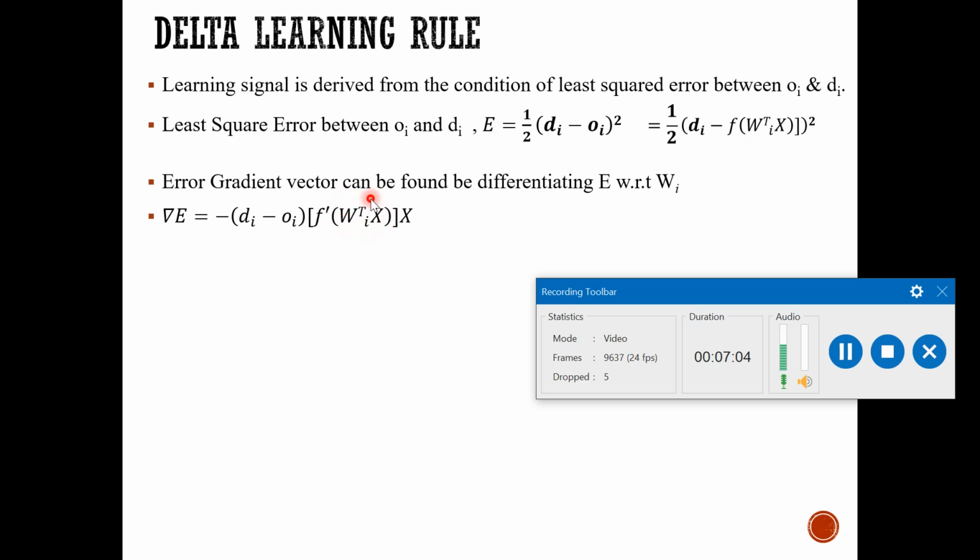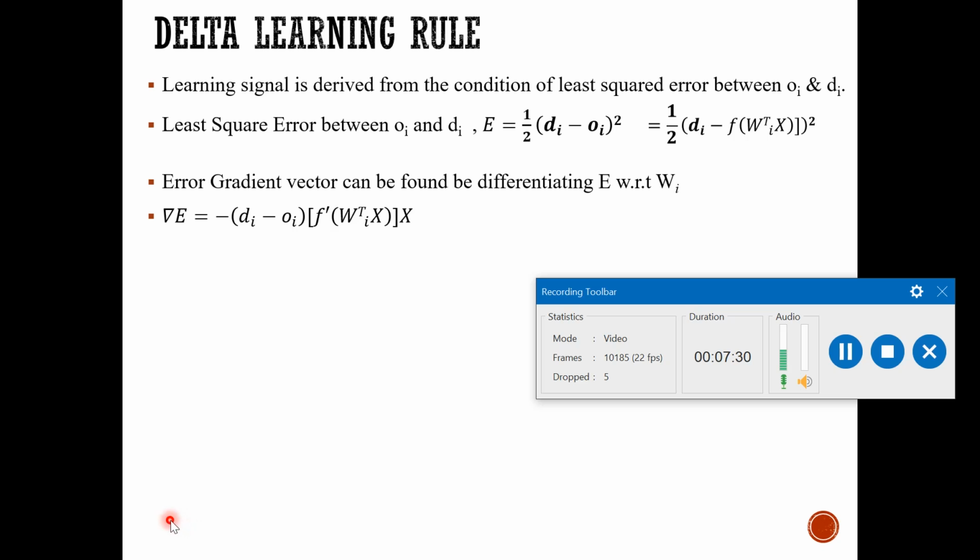And what is the derivative of the inside function? This is wi transpose x, so in the denominator also you have wi. So wi will get cancelled and you will get only x. So this is your simple differentiation. You are differentiating this equation and you get the error gradient vector in this particular form.